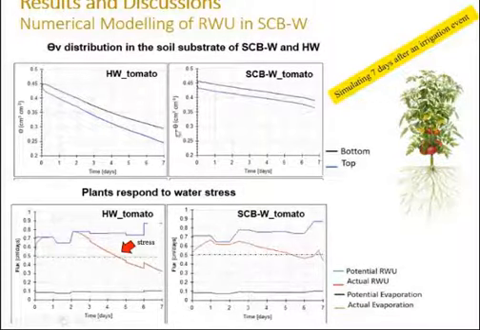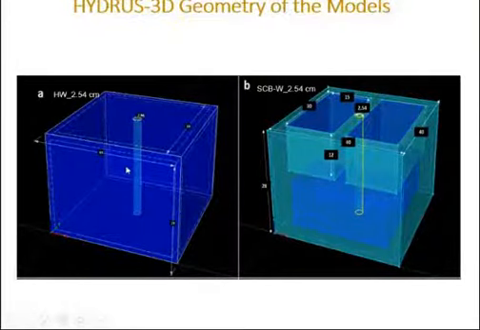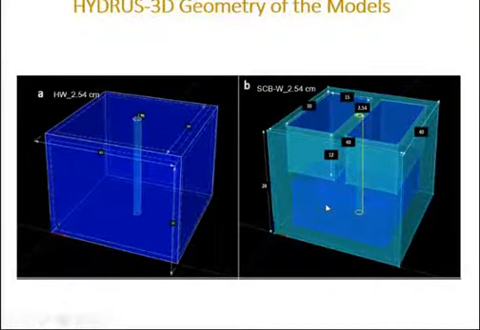So if you look at the control, it was at 0.45 at the beginning, and then in 7 days it drops almost by 50%. It drops to 0.25, and this is for sensors at the top and the bottom of the soil.